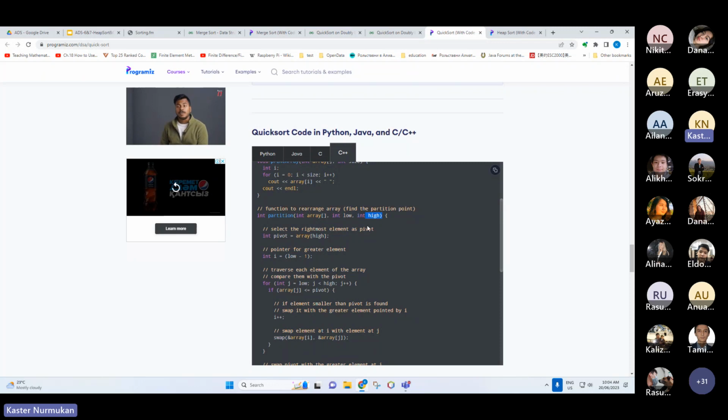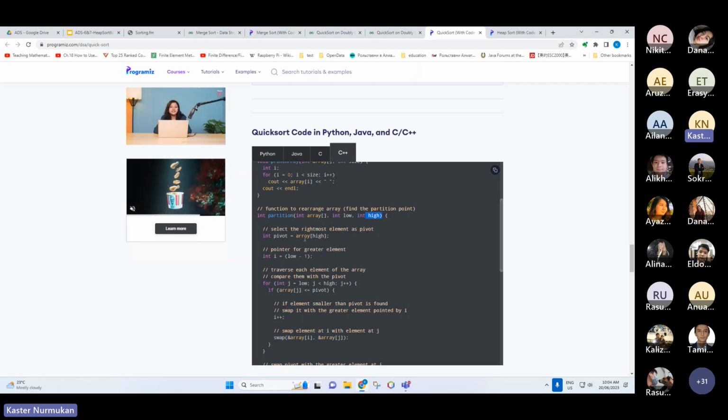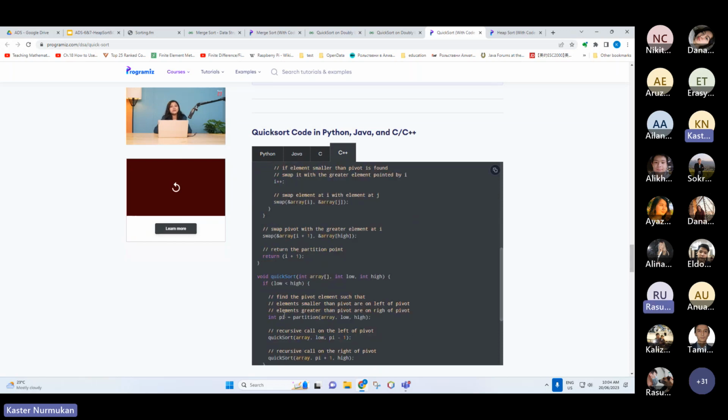If the highest value is the pivot value, then you put the smallest element on the left side and the biggest element on the right side. Sorry, smallest element in the left side, biggest element on the right side. They will finally be arranged, swapped, and then one part will be sorted.